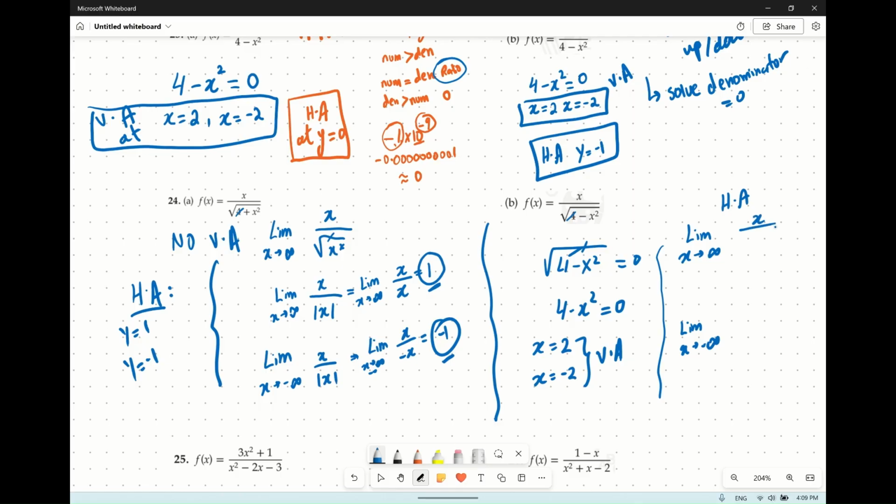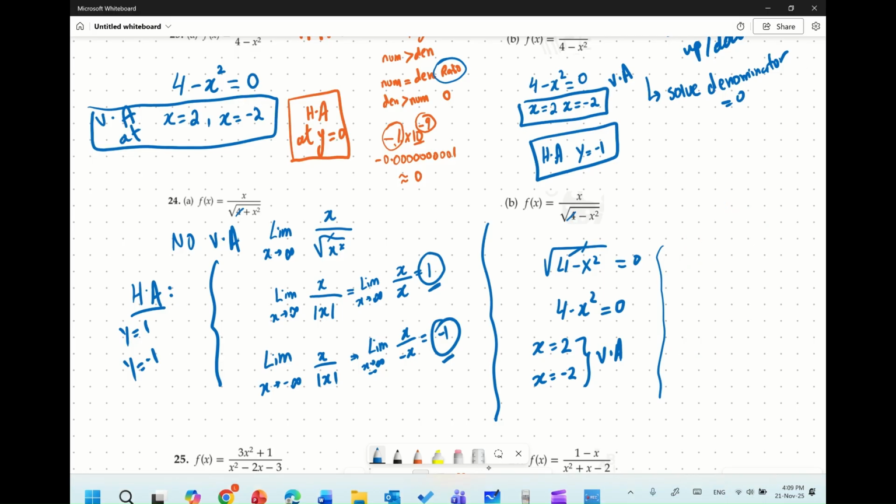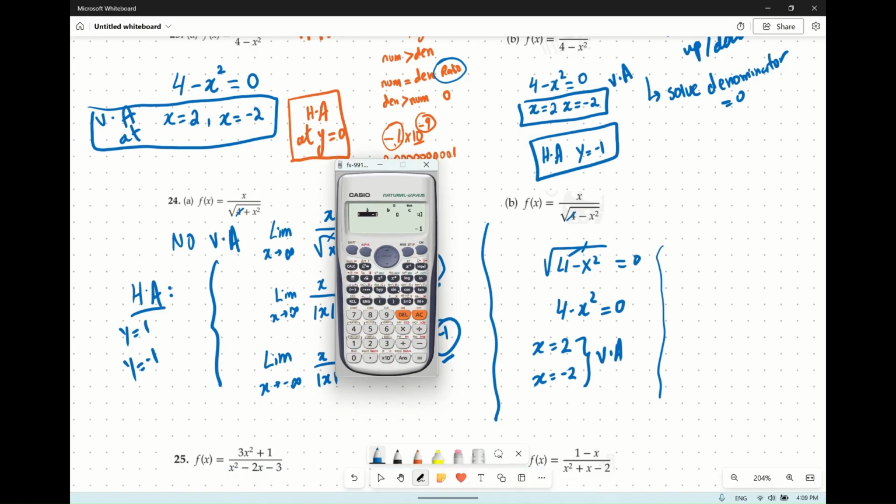So I will end up with x over square root of negative x squared. Now a square root cannot have a negative under it. So this means that this is not possible. So this thing will not have a limit as x approaches infinity. So this means that there is no horizontal asymptote. How can I show this using the calculator? Put the function on your calculator.